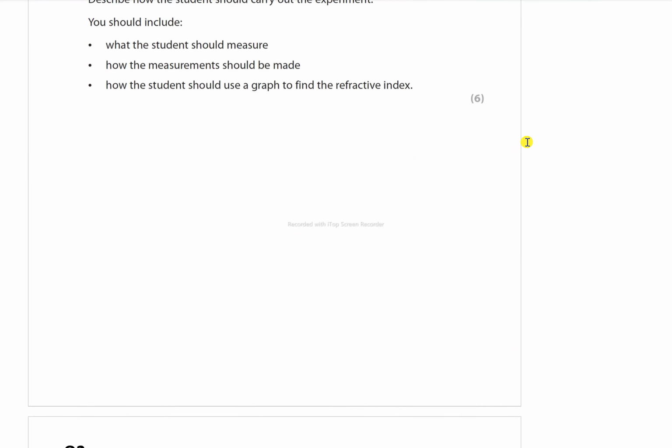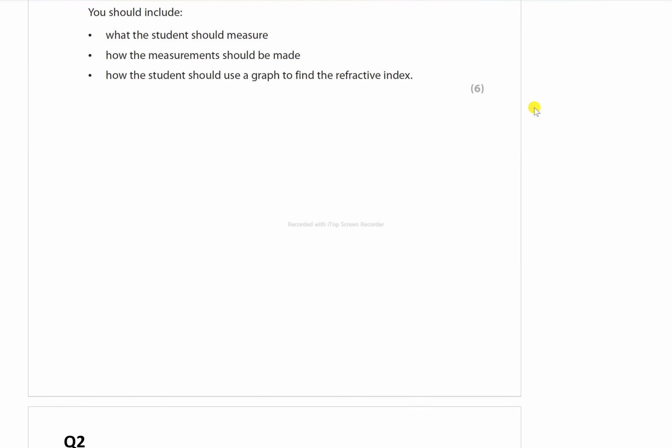If you want the higher marks, we've got 6 marks. How do we carry out the experiment? First of all, draw around the block of glass.